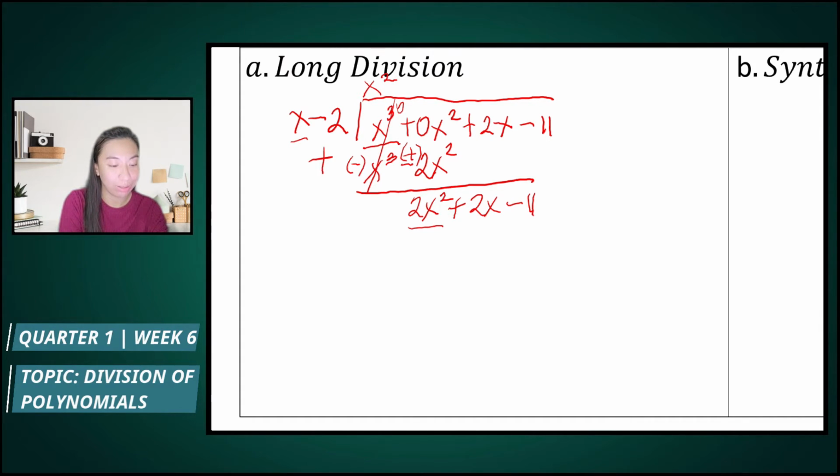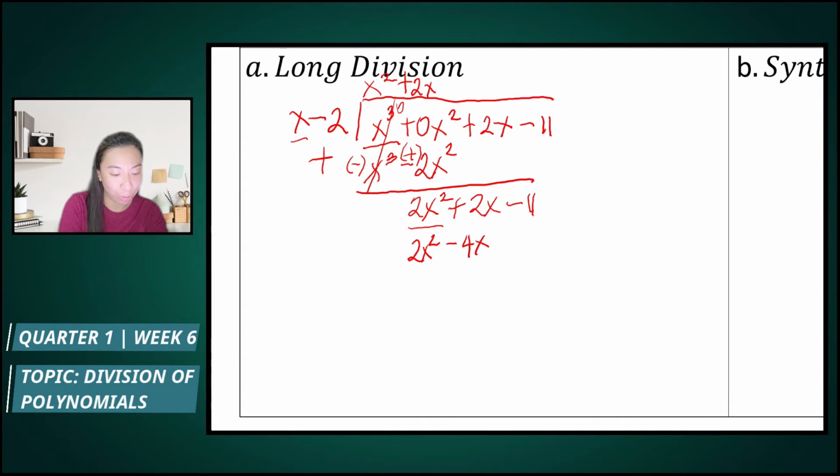So 2x squared divided by x is equal to positive 2x. And then after that, we are going to multiply 2x to the divisor. So 2x times x is positive 2x squared. And then 2x times negative 2 is negative 4x.